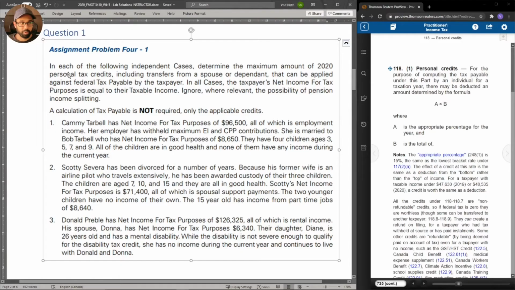Lab 4, question 1. In each of the following independent cases, determine the maximum amount of 2020 personal tax credits, including transfers from a spouse or dependent, that can be applied against federal tax payable by the taxpayer.